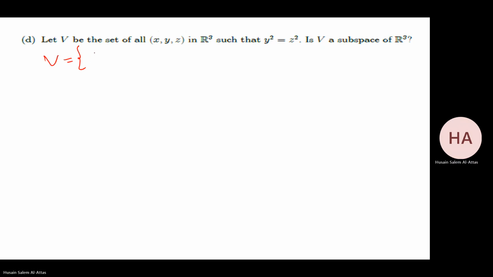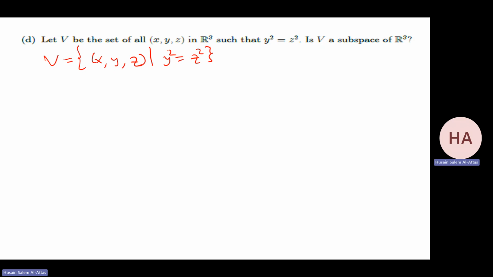So V is the set of (x, y, z) such that y squared equals z squared. I need an example. I think it's not a subspace, but let you think about examples. Maybe I can deal with 1 and minus 1 so that they will kill each other, so that I don't keep the square.